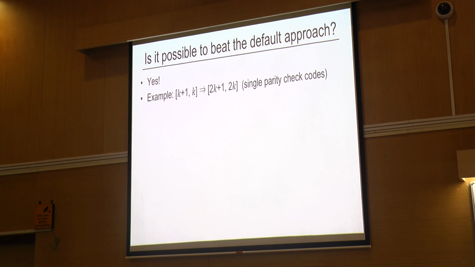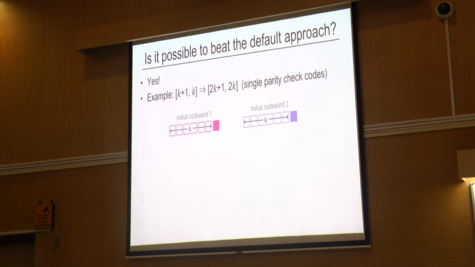Suppose we are going from a single parity check code, as we saw one example earlier, of dimension k. k, which is the length of the message, is also called the dimension, to a single parity check code again, but with dimension 2k. So k is changing from k to 2k, but we still have single parity.